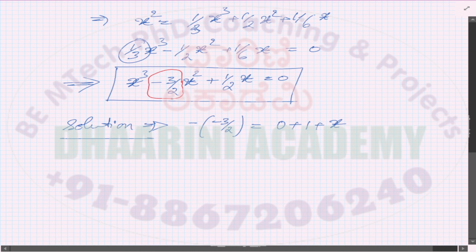Okay, so in this condition, I take the coefficient of x square and negate that. If it is minus 3 by 2, this becomes minus of minus 3 by 2, which is plus 3 by 2, equal to the sum of your roots. 3 roots you have, right?